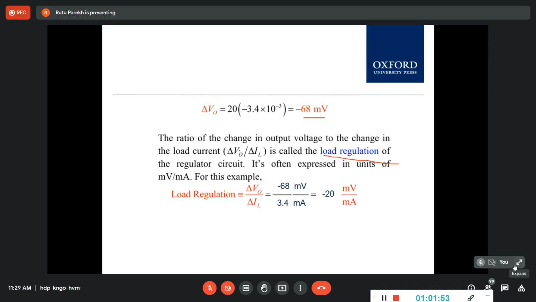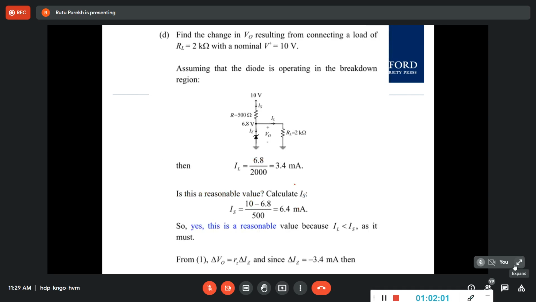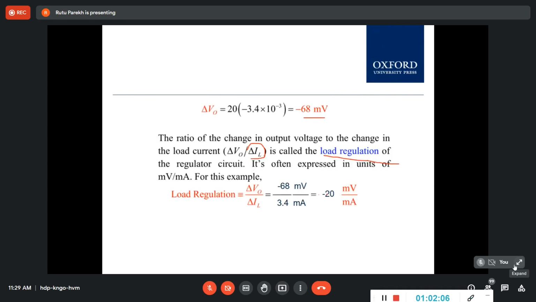What was the load current? Initially it was 0, and now the load current is 3.4 milliamp, as we found out. If you take this ratio, it is 20 millivolt per milliamp. But the main thing is you have found out the change in V0, which is really small.